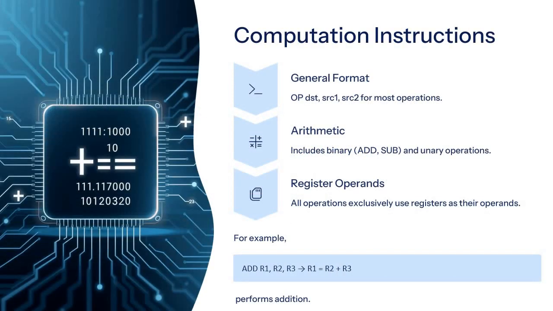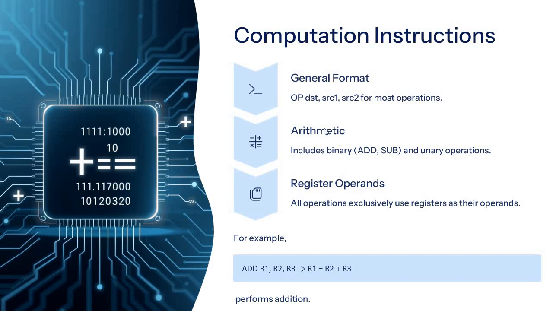Next we have computation or arithmetic instructions. These usually follow the format OP DST, SRC1, SRC2 for most operations. So OP is the operation like add or sub. DST is the destination register, and SRC1 and SRC2 are the source operands.